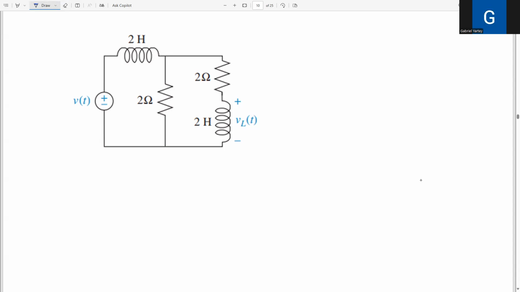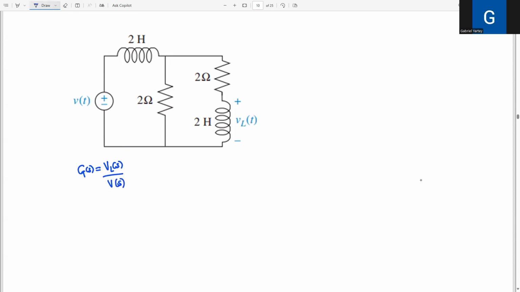The input is what you are sending into the system, and the output is the thing that you are trying to measure. In this case, you are trying to measure the voltage across this inductor here. That is our output. So to find the transfer function, let's say H of S is going to be this over that. This is our transfer function.